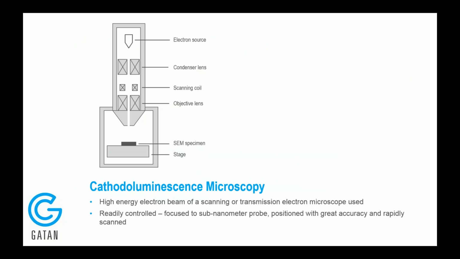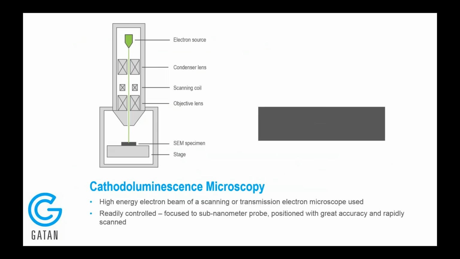Today we use primarily electron microscopes in order to perform cathodoluminescence microscopy. This is a schematic of a scanning electron microscope, but it could equally be a transmission electron microscope. We have an electron source that fires electrons at our sample, and those electrons interact with our sample, and our sample transforms that initial electron energy into light.